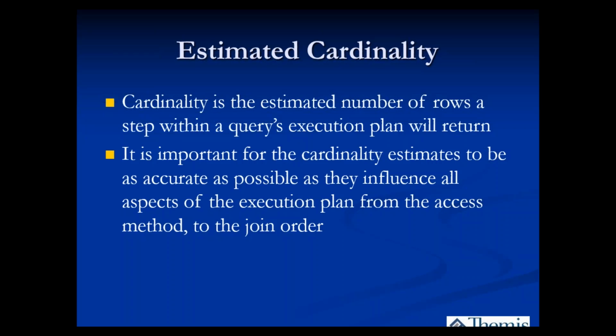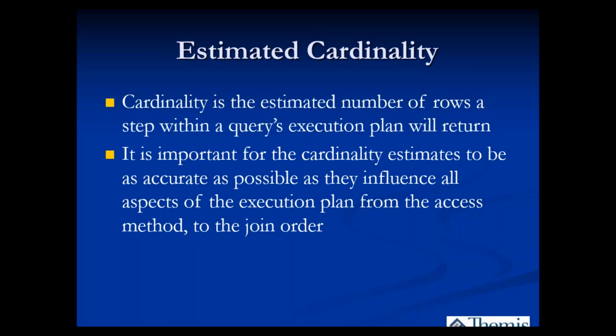That's the estimated cardinality, which means each step in the plan will have an estimate of the number of rows for that step's result set. So if he does a full table scan and the table has 63 rows in it, the estimated cardinality should be 63 if he's not applying a filter.